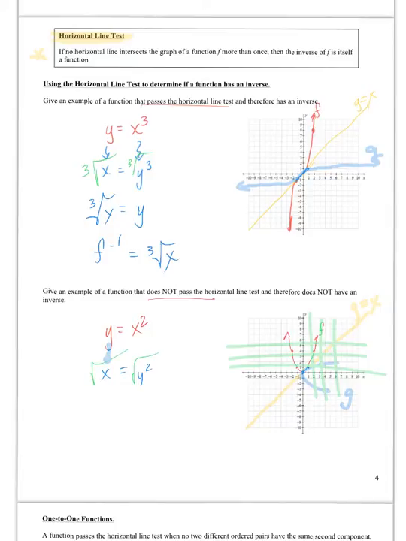So I'm going to get y equals plus or minus the square root of x. So in essence, the top part here in the first quadrant would be y equals the square root of x. This would be y equals negative square root of x, not a function.